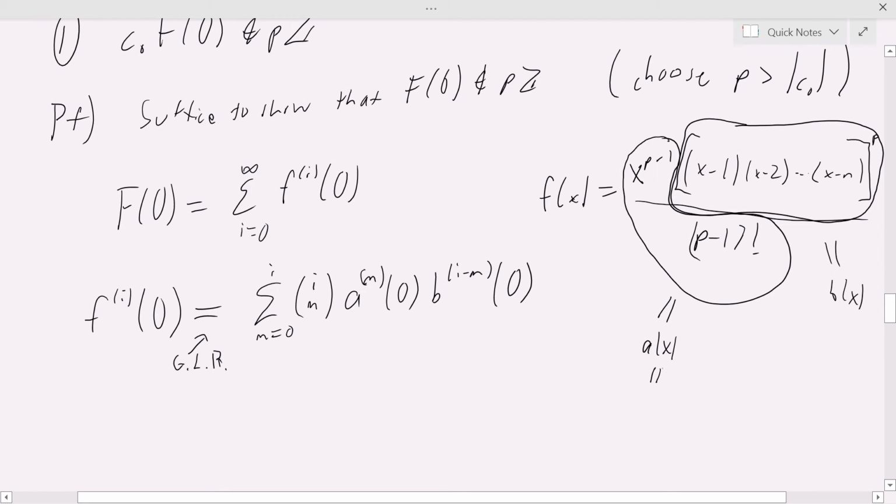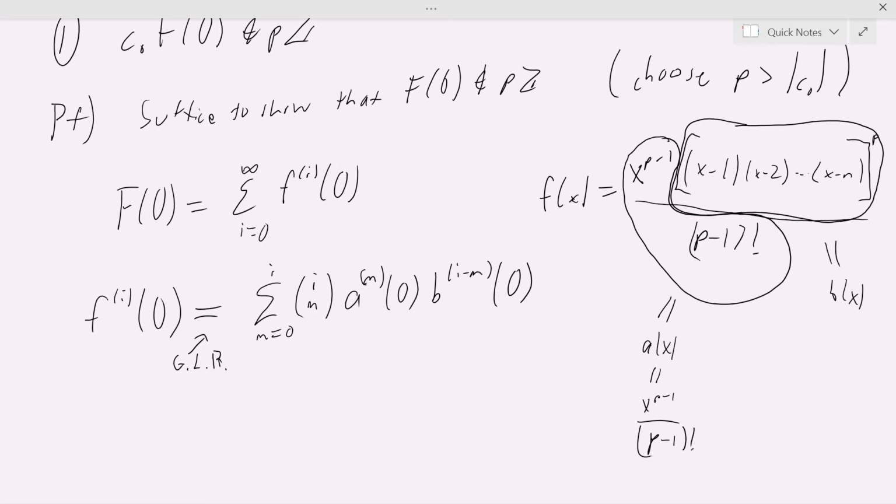So just to be clear, a of x, that's x to the p minus 1 over p minus 1 factorial. So in other words, it's just some power of x divided by a constant. So in fact, no matter what derivative of this function you take, once you plug in 0, the output is also 0. That's always going to be true, except in the special case when you differentiate exactly the number of times that the exponent p minus 1 is.